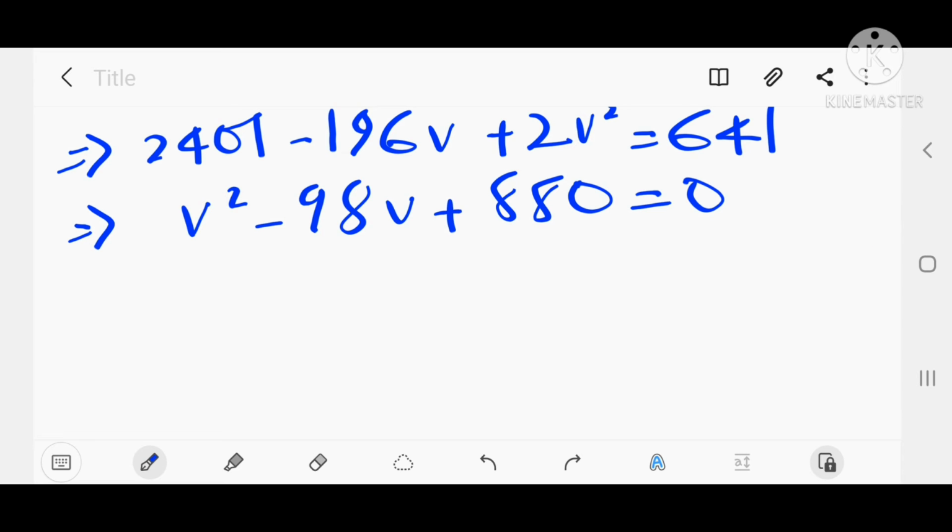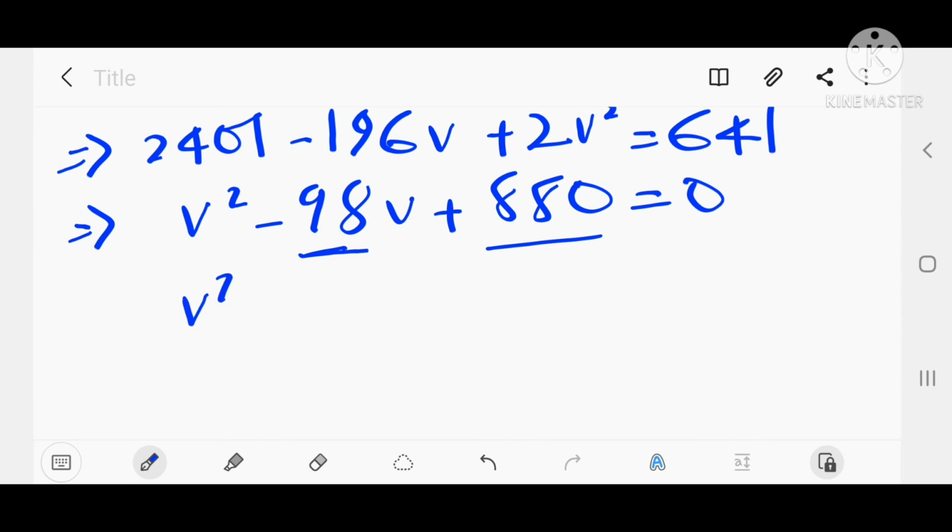We can factorize this. By factorization, we look for the two factors of 880 whose sum gives us 98, and those are 10 and 88.